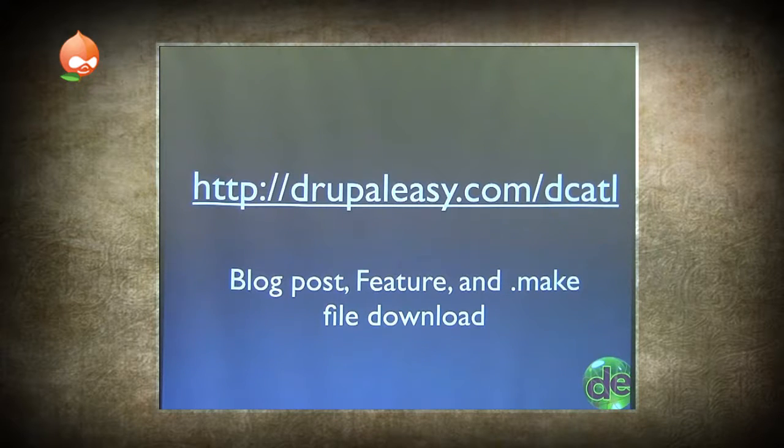So if you download the feature, if you're familiar with the Features module, I basically give you the views, the content type, the image style settings, everything you need. And if you're familiar with Drush Make, I give you a make file as well, which you can run, and it just downloads everything for you. So in one line, you could have everything you need and just be ready to go.